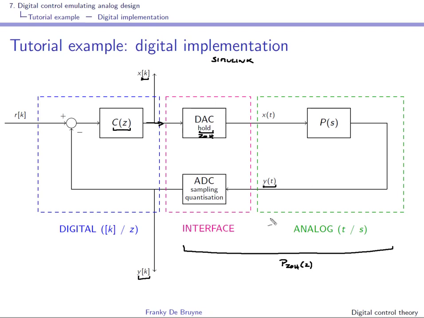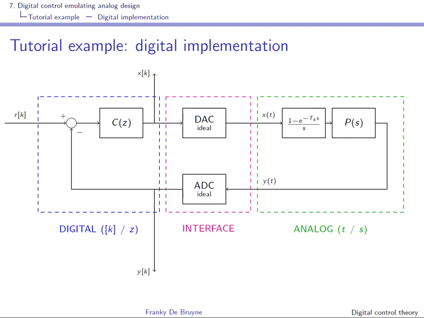But of course, what you will not have if you work with Matlab and this process in the loop with this controller is the inter-sample behavior. In order to rework this control loop, what we'll do is replace the digital to analog conversion by an ideal digital to analog conversion, and we'll do the same for the analog to digital conversion.